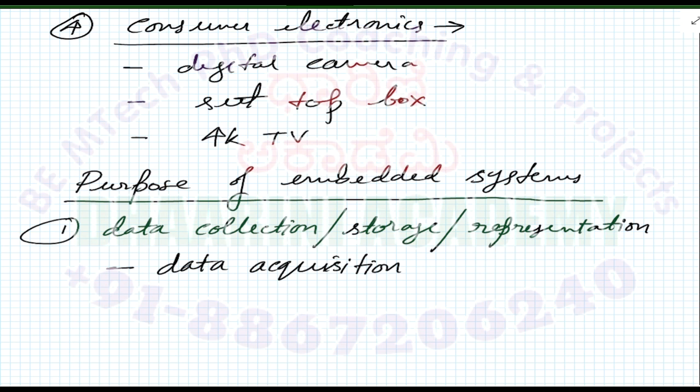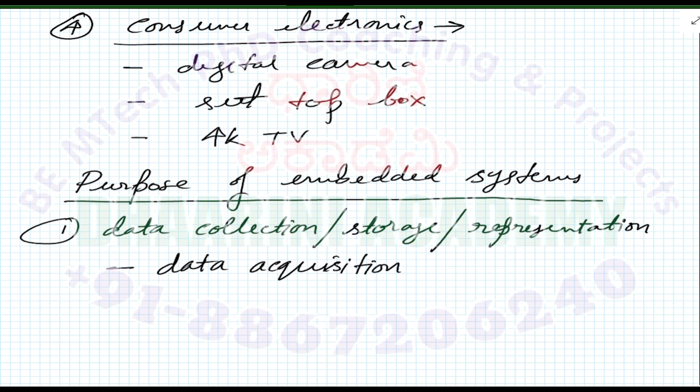Storage in the sense, you collect some information in the form of a signal. That signal needs to be stored somewhere. You may use it in the form of a memory. We have a variety of memory available. Memories are basically designed by what type of data you want to store. According to that, you have a variety of options available.